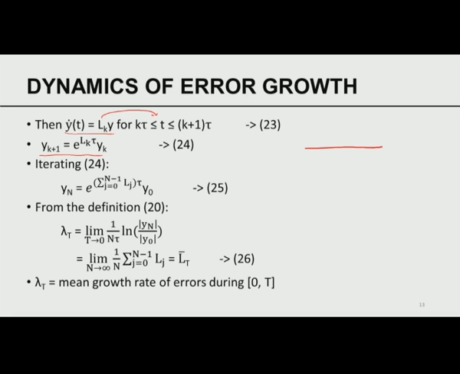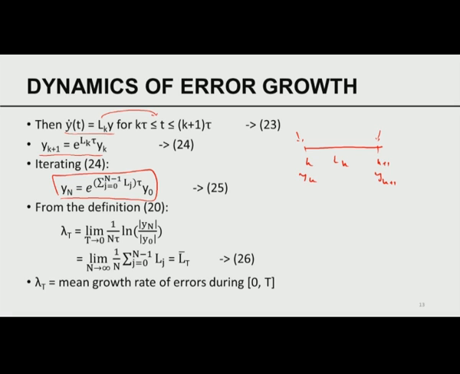So if at time k, this is time k plus 1, if yk is the initial condition, I would like to be able to compute the solution at y k plus 1, the matrix Lk remains the same. So the solutions at the two endpoints are related by this equation 24. If I iterate this from y0 to yn, I get this relation. You can readily see by iterating 24 and using the definition of Lk being constant in that domain, yn is equal to e to the power of the summation j equals 0 to n minus 1 of Lj times tau, times y0.